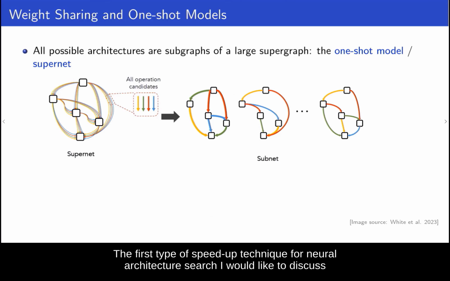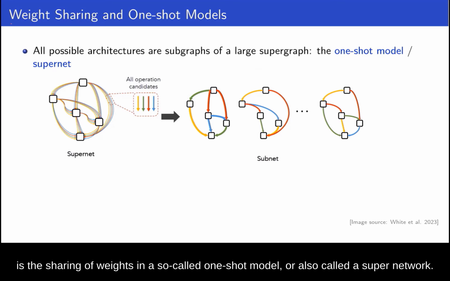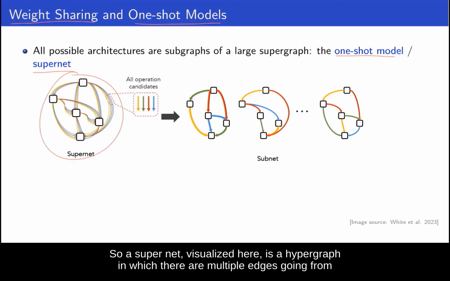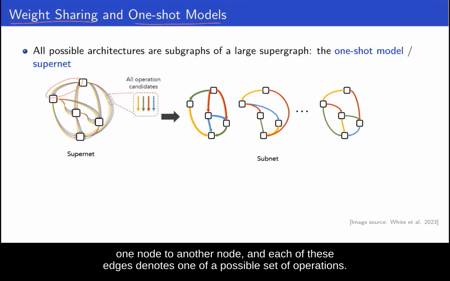The first type of speedup technique for neural architecture search I would like to discuss is the sharing of weights in a so-called one-shot model, or also called a supernetwork. So a supernet, visualized here, is a hypergraph in which there are multiple edges going from one node to another node, and each of these edges denotes one of a possible set of operations.